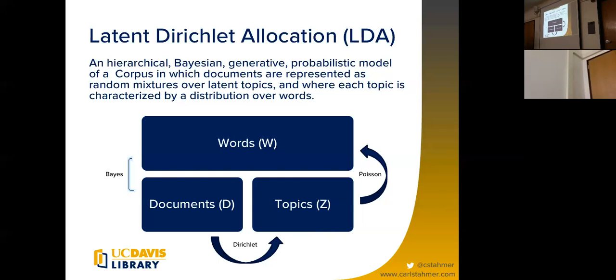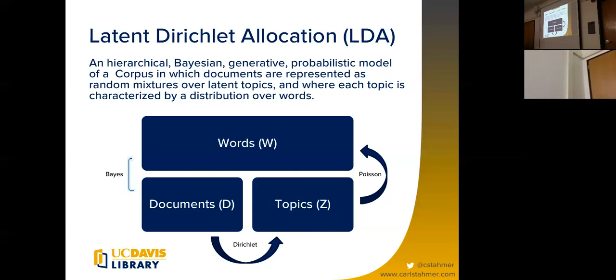Everybody with me? Okay? And those are Bayesian collections of words. We're assuming a Dirichlet distribution of topics and a Poisson distribution of words within the topics initially, right? We're going to go deeper in a second into what that means.